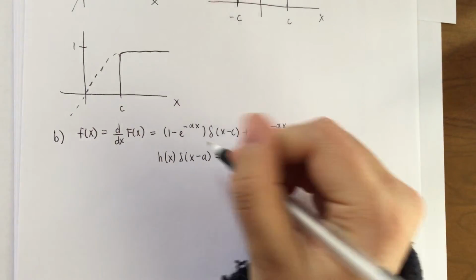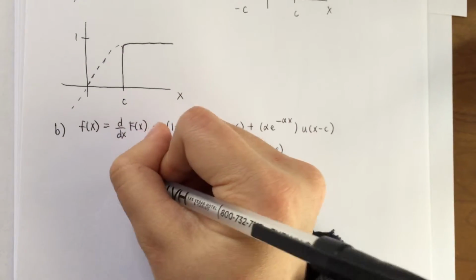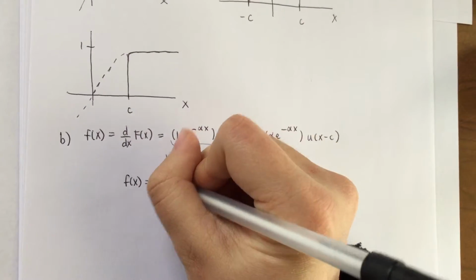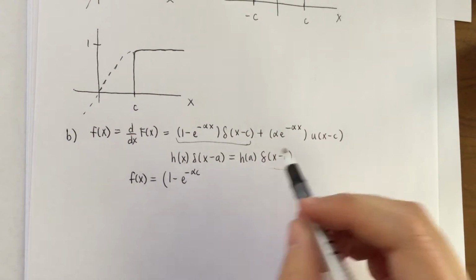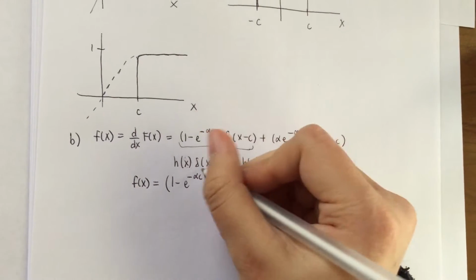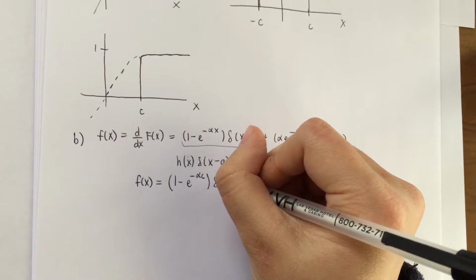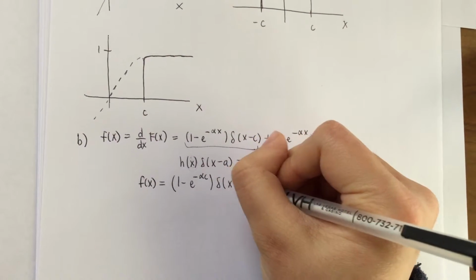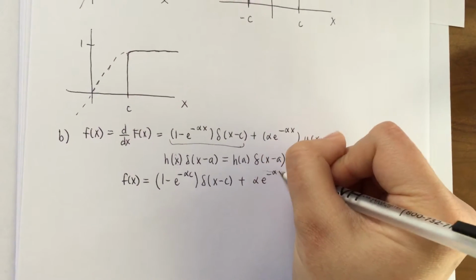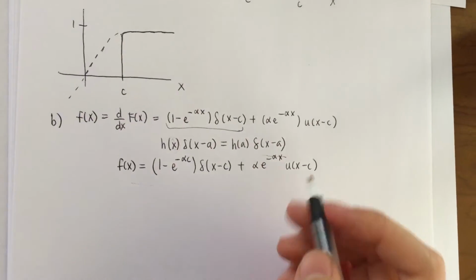So when we apply this to this part of the function, we get the probability density function as 1 minus e to the negative alpha c, since we replace the x in the impulse function by the shifted units in the impulse function. So this part remains unchanged. So this is what the density function looks like.